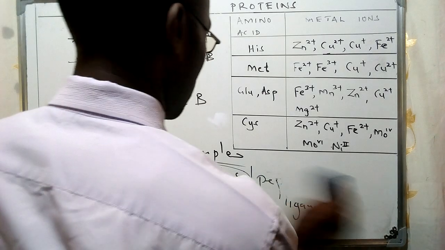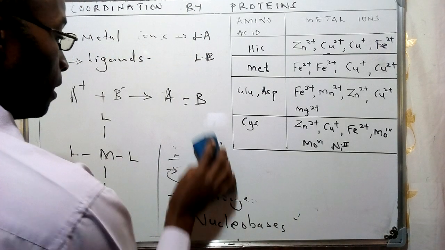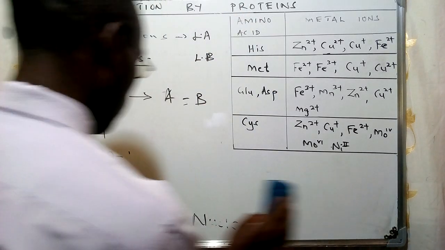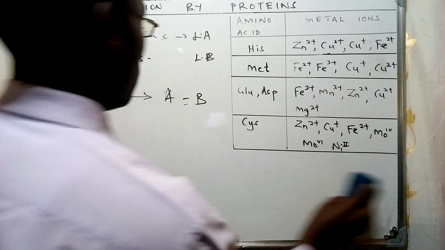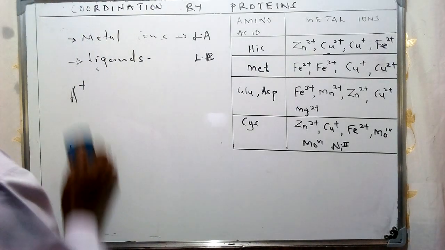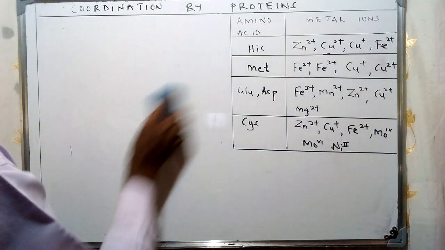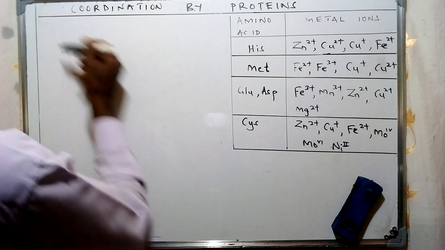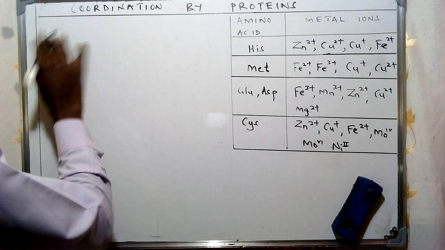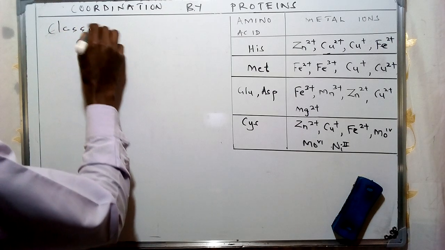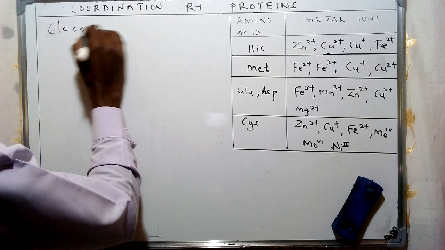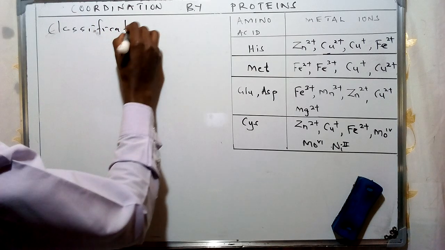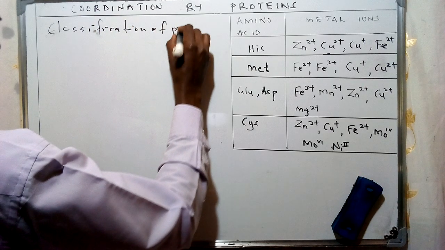Generally, we can divide these ligands, proteins, into three divisions, and these are going to constitute primary, secondary, and tertiary proteins. We shall elaborate on this classification depending on their basic structures, so this is going to be a classification of proteins.